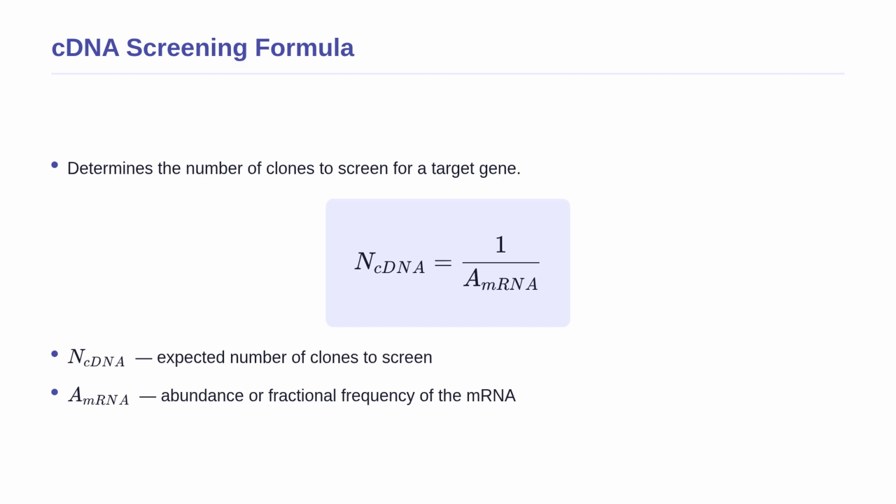The variable A subscript mRNA represents the abundance or fractional frequency of that specific mRNA in the total pool. If a gene is highly expressed, the abundance is a large fraction, meaning the required number of clones to screen is very small. Conversely, for a rare transcript, the number of clones becomes extremely large.